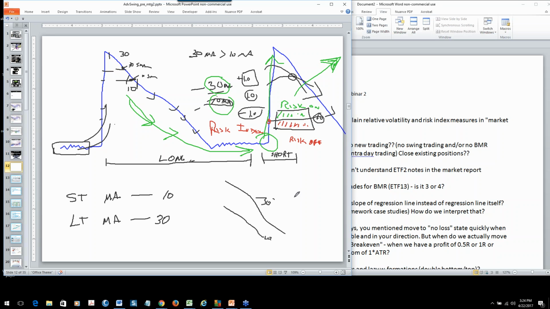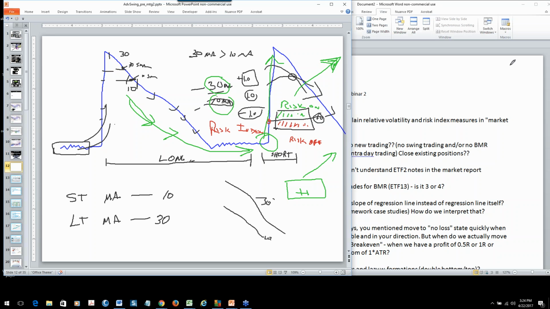So in general then, what I do is I look at this on a daily basis, and I say that whenever that risk index is greater than 1, we generally want to be long. And as a measure of market condition in terms of volatility, this is a time in which, in general, I want to have swing trade positions on so that I can take advantage of this generally upward tilting move in the markets.